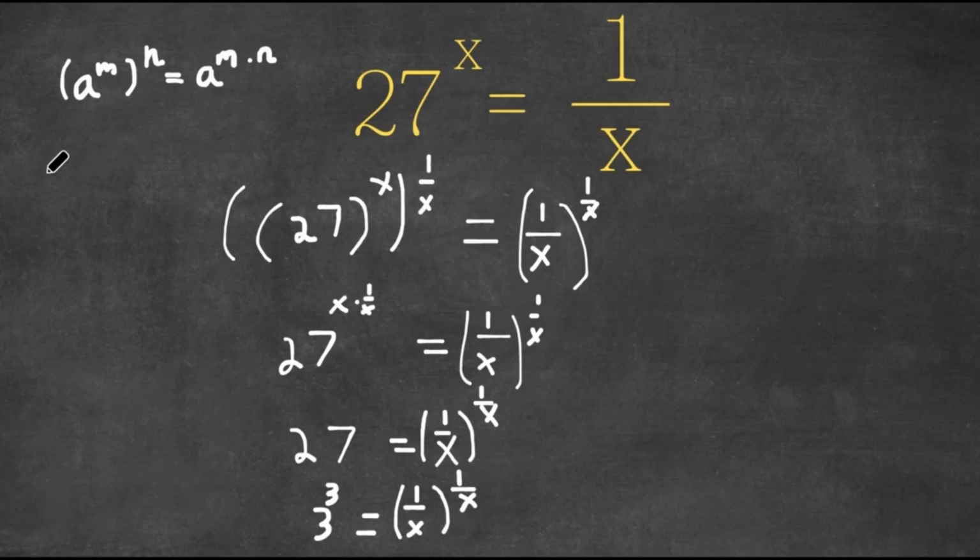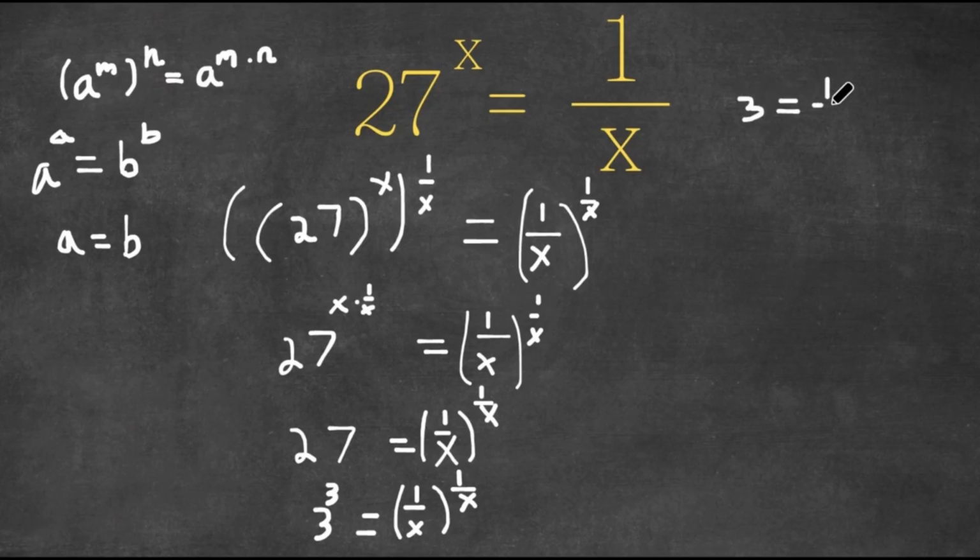Now, if we have something in the form a to the power of a equals b to the power of b, this actually means that a is equal to b. So we have 3 to the power of 3 equals 1 over x to the power of 1 over x. This means that 3 is equal to 1 over x.